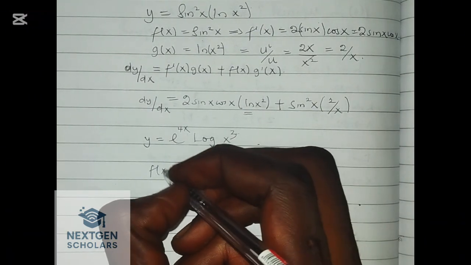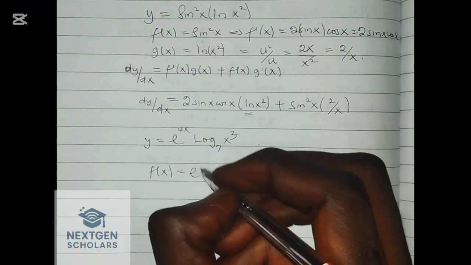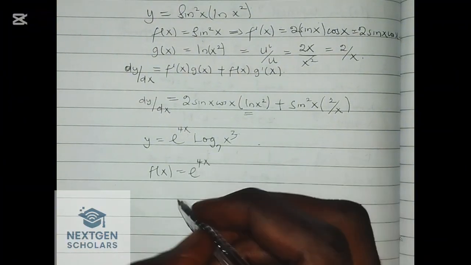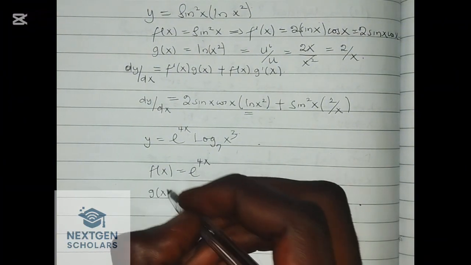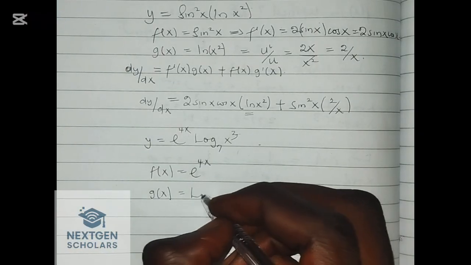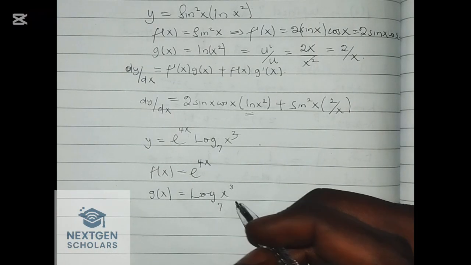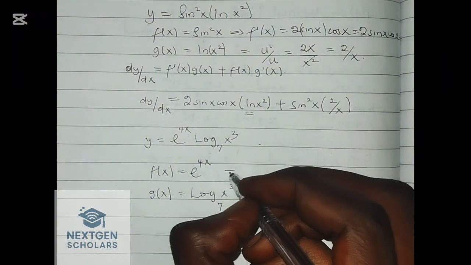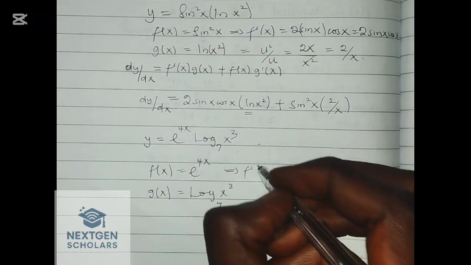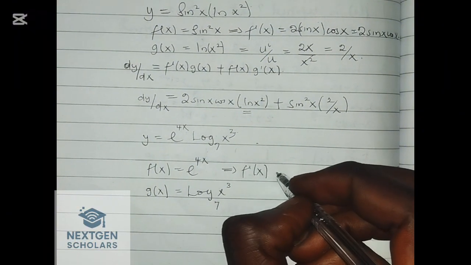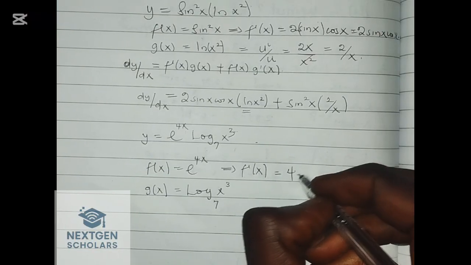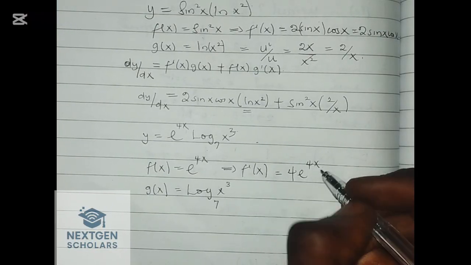Our f of x will be e to the power of 4x, and our g of x will be the logarithm of x cubed base 7. If this is so, then f prime of x will be equal to 4e to the 4x. You know that before.